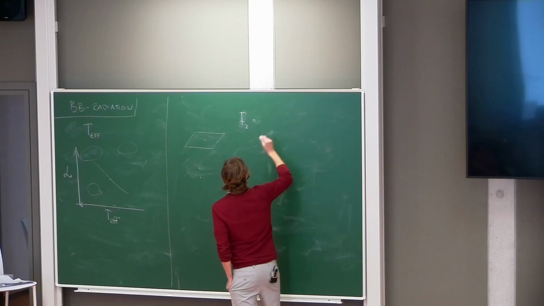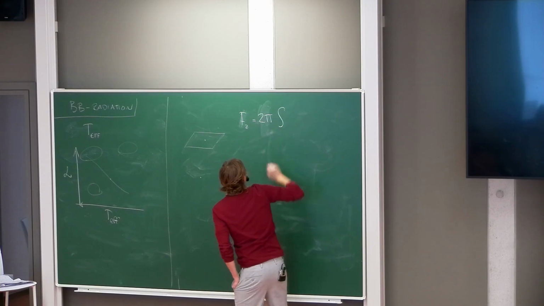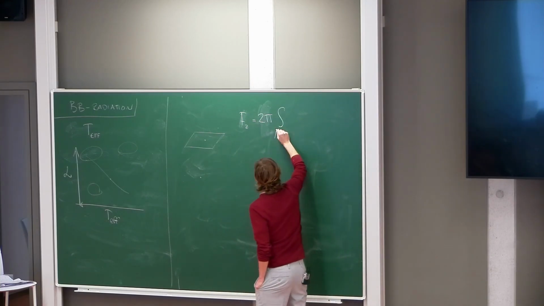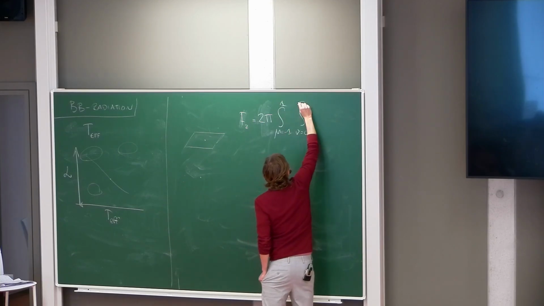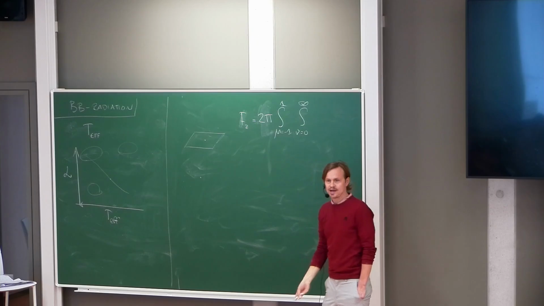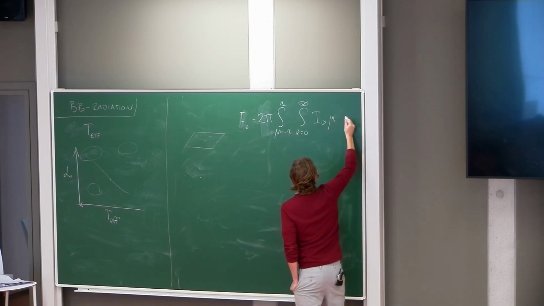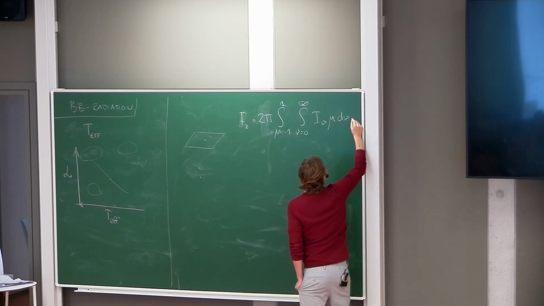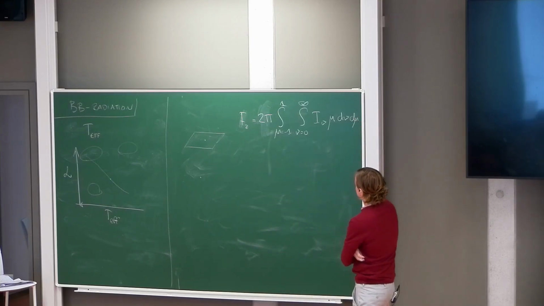That is then, well, it's 2 pi, right? Because the phi integral has already gone away. And then it's mu from -1 to 1, nu from 0 to infinity, the specific intensity I nu, and then you have a mu d nu d mu. The other way around. Okay.